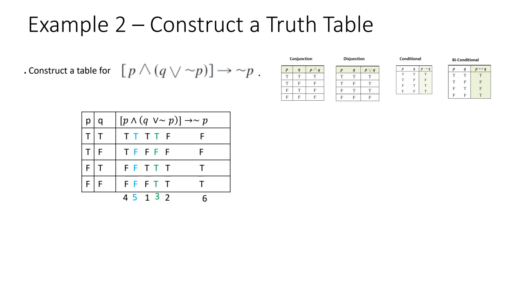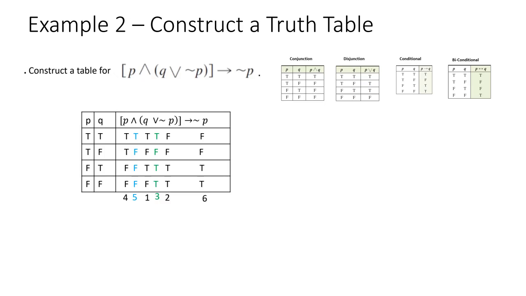And now you do the arrow, which is between 5 and 6. If you go and look at the table for the conditional, it is only false when you have a true on the left and a false on the right. So if I go from blue to 6, from 5 to 6, I have true, false.